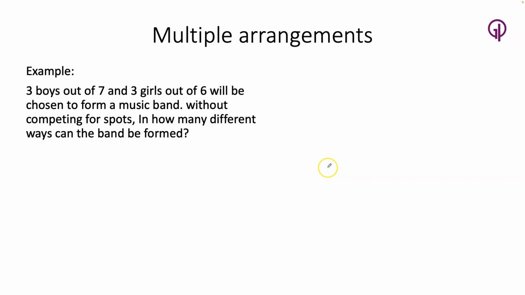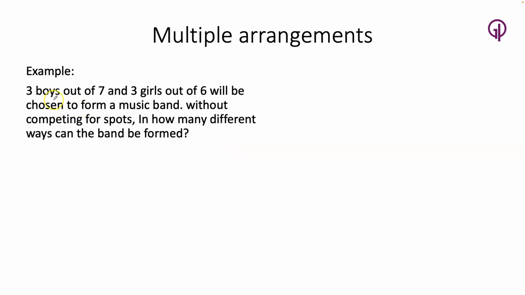Now here, under multiple arrangements, you are likely to encounter multiple selection or arrangement problems in one question. Let us try our hands on this example to demonstrate how questions under this particular section are framed.